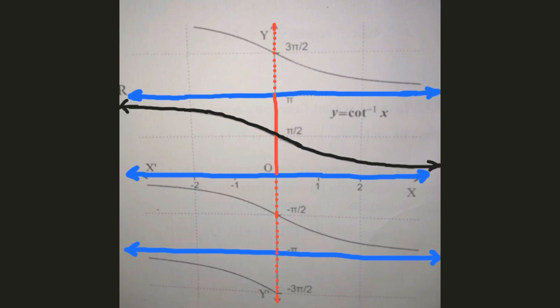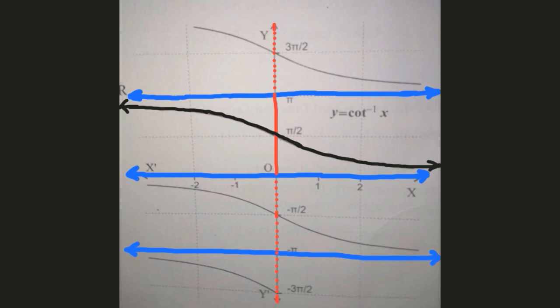The inverse cotangent function is a bounded function between the two lines y equal to 0 and y equal to pi, which are shown here by blue lines. As the black line is decreasing, the function cot inverse x is also decreasing in this interval 0 to pi. Also it is one-one and onto.